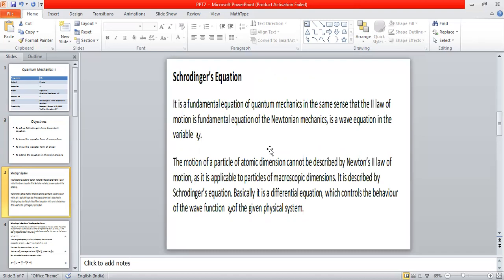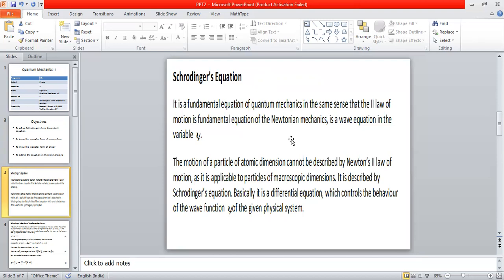Whenever we discuss Newtonian mechanics, we always mention one particular equation. The fundamental equation in Newtonian mechanics is obviously Newton's second law of motion, that is F is equal to ma in one particular form. So we can say that Newton's second law of motion is a very fundamental equation of Newtonian mechanics.